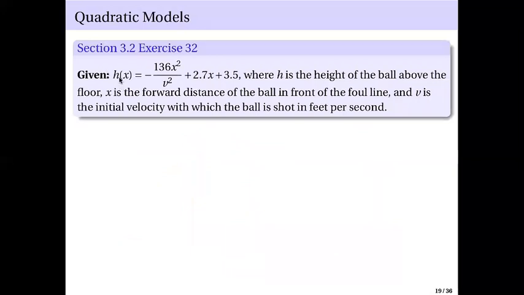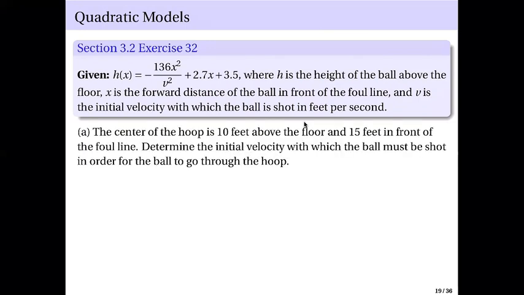Now we are given h of x equals negative 136x squared over v squared plus 2.7x plus 3.5, where h is the height of the ball above the floor, x is the forward distance of the ball in front of the foul line, and v is the initial velocity with which the ball is shot in feet per second. First problem.